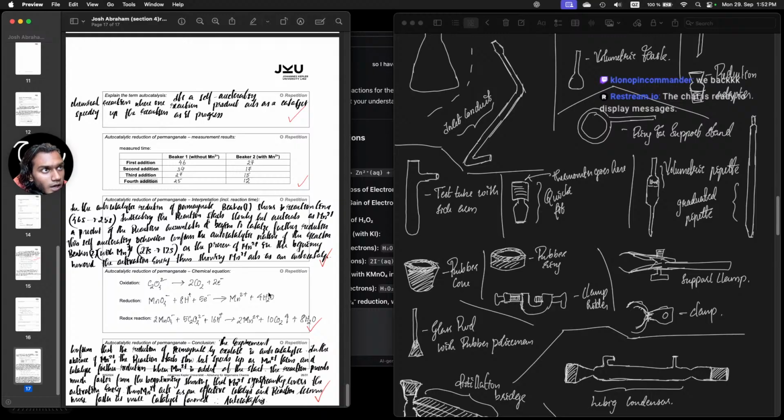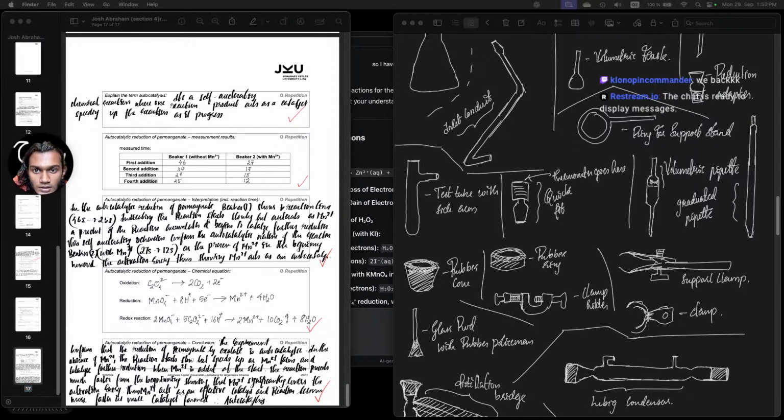When Mn2+ is added at the start, the reaction proceeds much faster from the beginning, showing that Mn2+ significantly lowers the activation energy and acts as an effective catalyst, and the reaction becomes faster as more catalyst is formed. Therefore, autocatalysis.